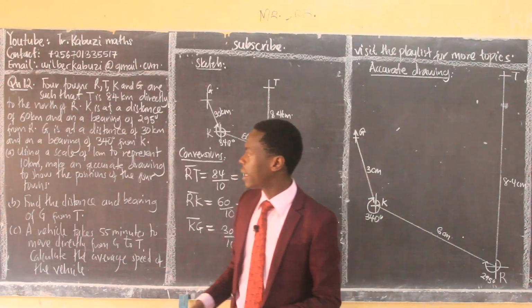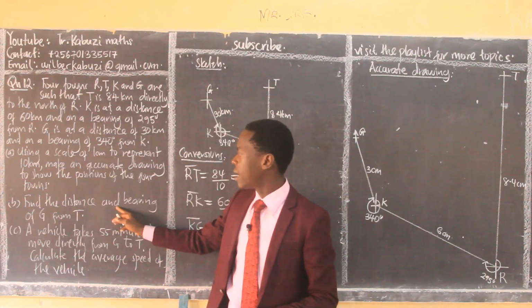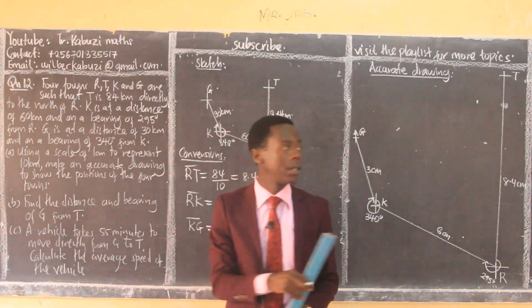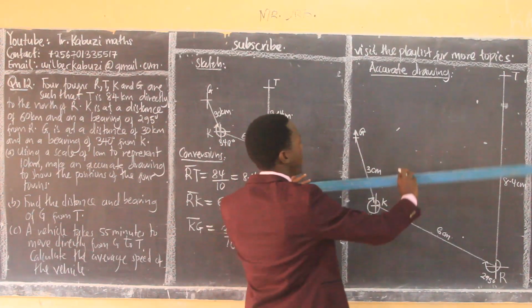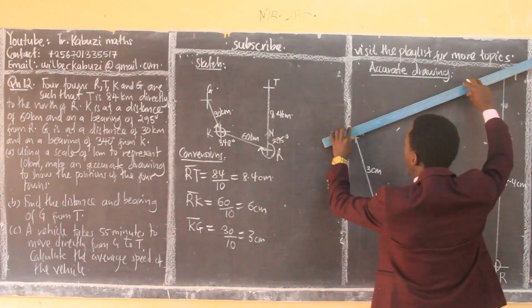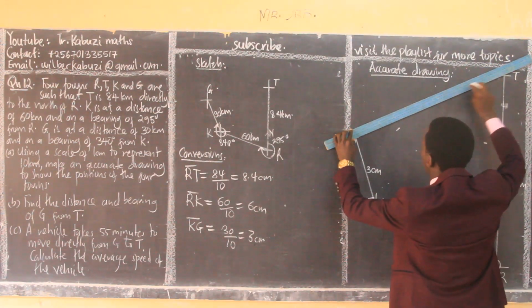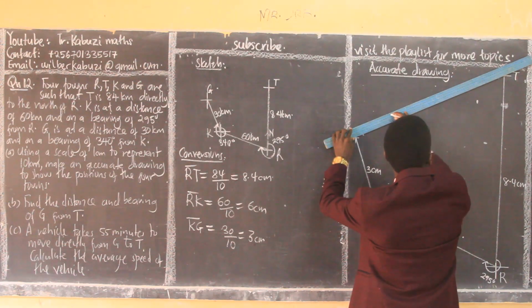Then they want us to find the distance and the bearing of G from T. "From" is so important. So G from T, now I first join these two. I join from there, then there. This one I'm going to use dotted lines.